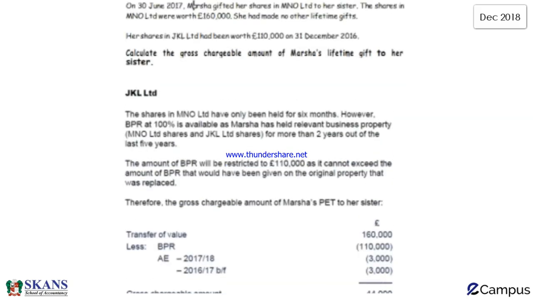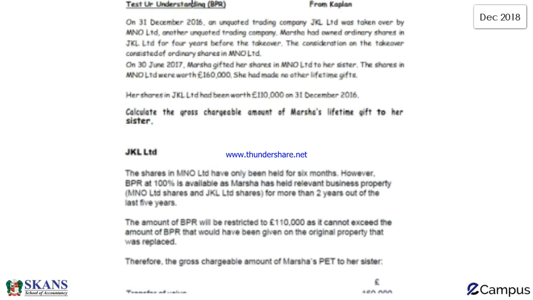Over here we have a small example relating to the replacement property rule. On 31st December 16, an unquoted trading company, JKL Limited, was taken over by MNO Limited, another unquoted trading company.